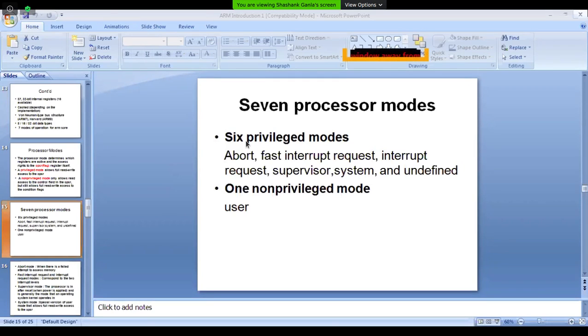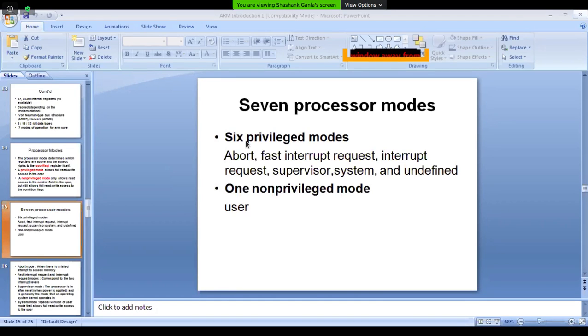So if you try to execute a program written for a higher core mistakenly on a lower core, when the lower core encounters an instruction during its fetch state and sees that this particular instruction is not supported by the ARM core which is executing it, then it will enter into a mode of operation called undefined mode, indicating that I have encountered an instruction which is not supported by the present core.